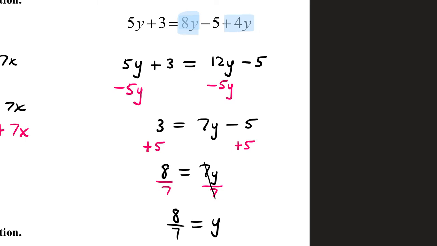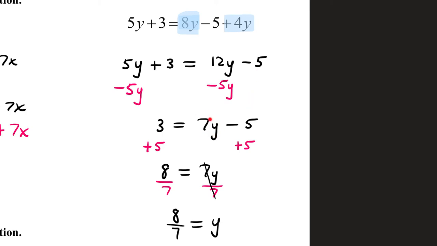We have two variable terms, two numerical terms. If you move the smaller of the two variable terms, it will keep your variable term positive. Subtracting 5y from both sides maintains the balance. That leaves us with 3 equals 7y minus 5.